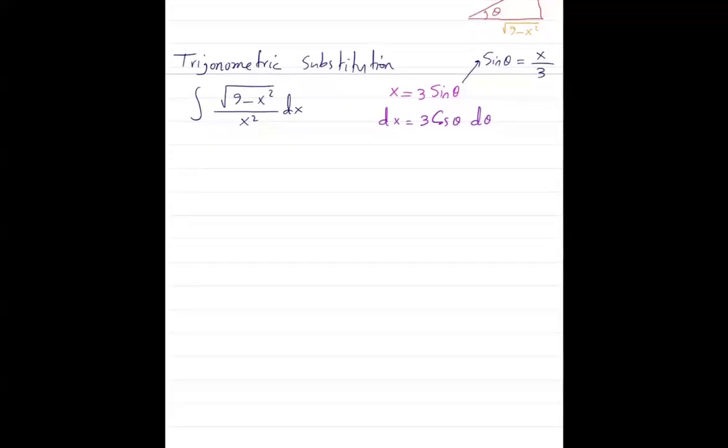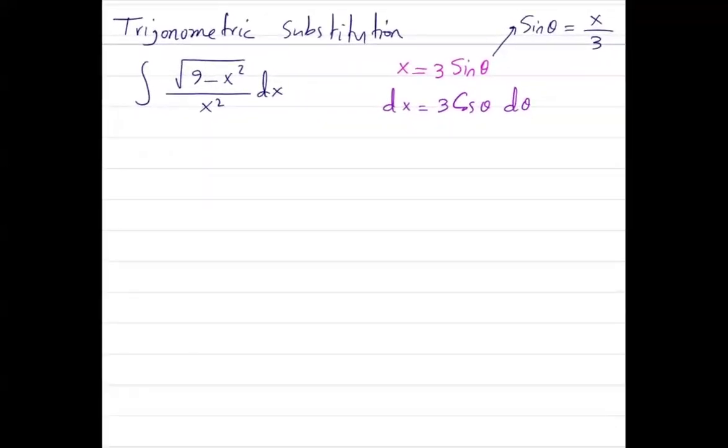Wherever you see x, write down 3 sine theta. Wherever you see dx, write down 3 cosine theta and convert everything into trig functions. So this can be written as the integral of, inside the square root, I have 9 minus x squared. But what is my x?